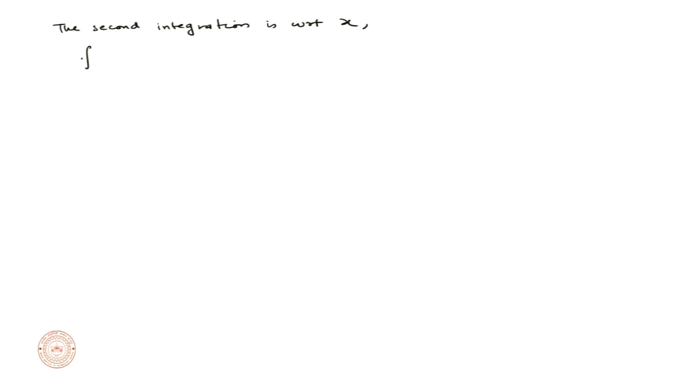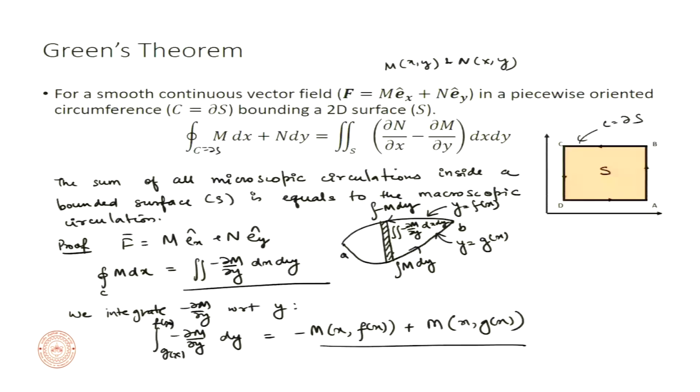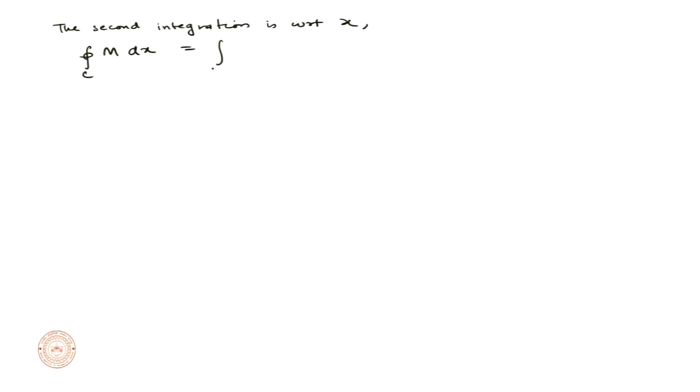So, our circular integral of m along the path dx will be equal to integration from a to b. So, let us go back to our figure quickly. We are going from a to b, following this arrow, and then we are coming back from b to a. So, if that is the case, then we will integrate the top one, m of x comma y dx, plus the integral of the bottom, m of x comma y dx.